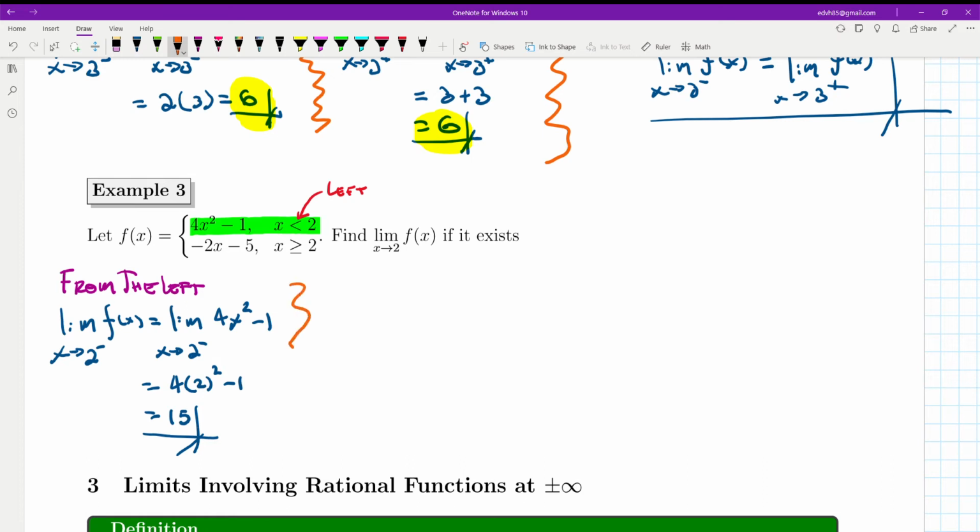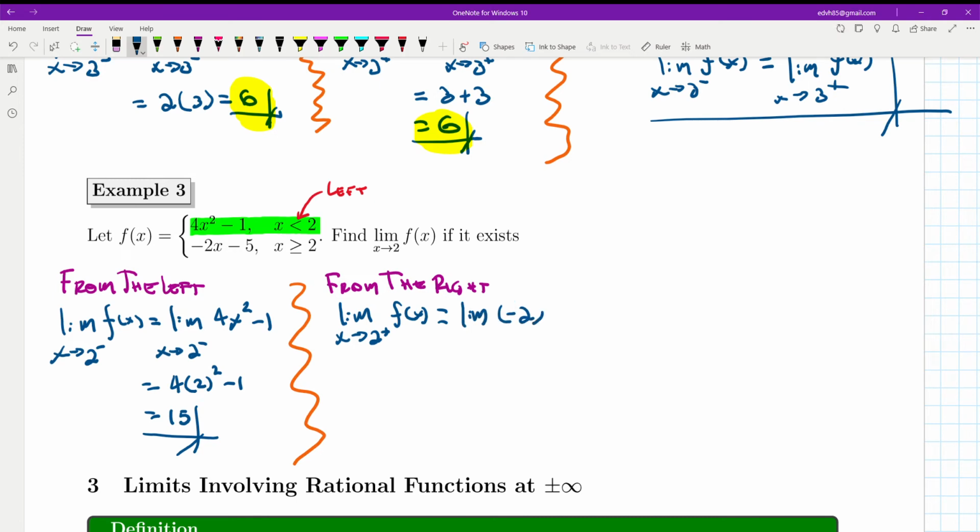Let's see what happens from the right. So from the right, the limit as x approaches 2 from the right of f of x is the limit of negative 2x minus 5 as x approaches 2 from the right, because we are looking at this part of the function right here, to the right.